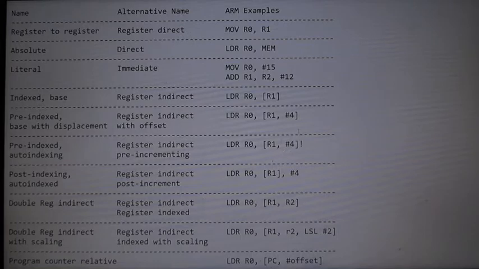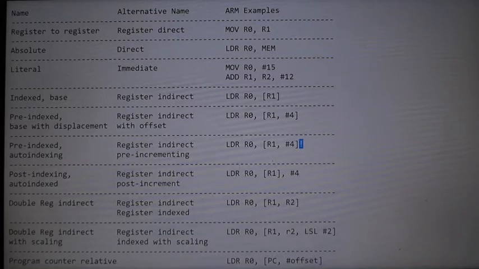So 4 bytes are added to the base register, and then the value at that location is put into the R0 register. The mark indicates that the R1 register is incremented first, and then the value is put into the R0 register.